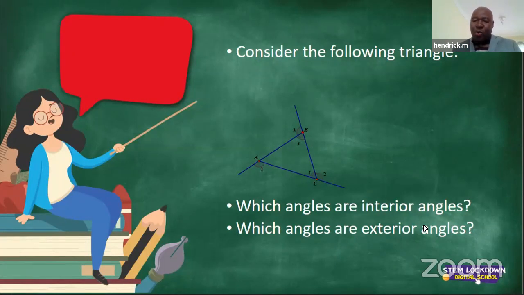Just to answer you, Mulauzi, if you look at your answer, you said that A1 and BY are interior angles. Now you have given me two angles, A1 and BY. I'm afraid I'm going to give you 1 mark, which is BY.